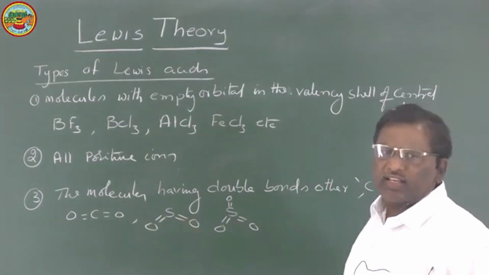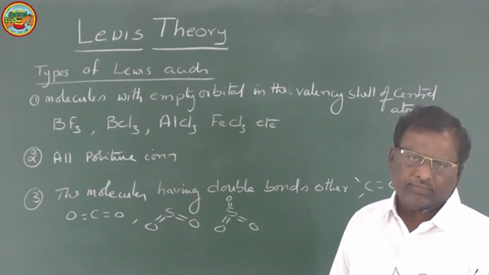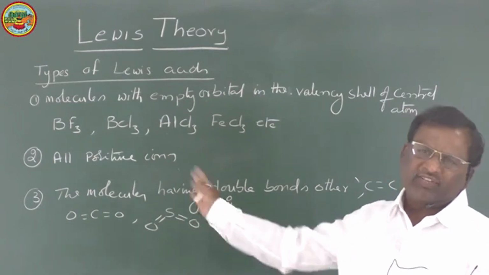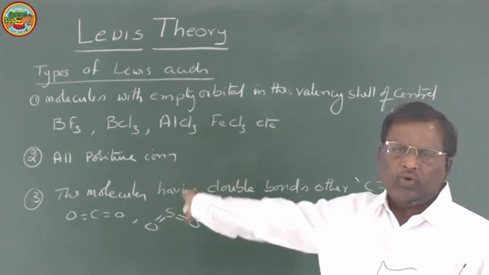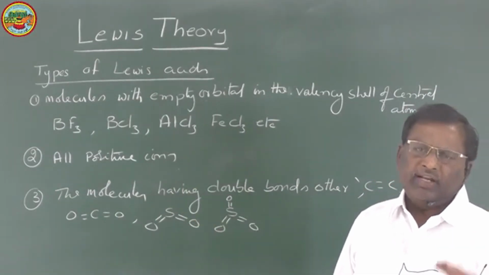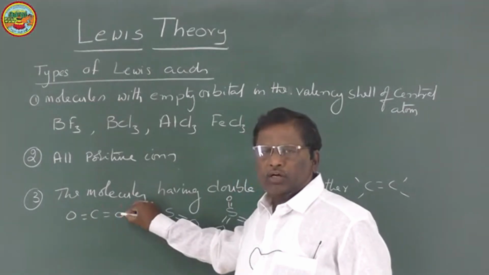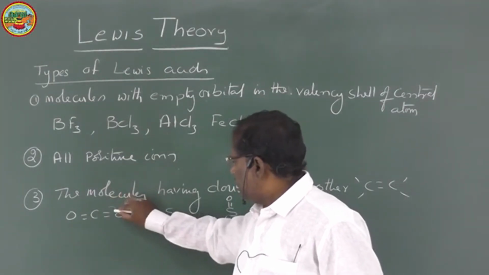So all these species are considered as Lewis acids, because by shifting of this double bond to one of the bonded species, one atom will contain the electrons. Suppose, for example, as the electronegativity of oxygen is more than carbon, this bond will shift.